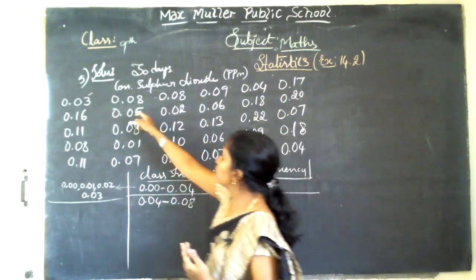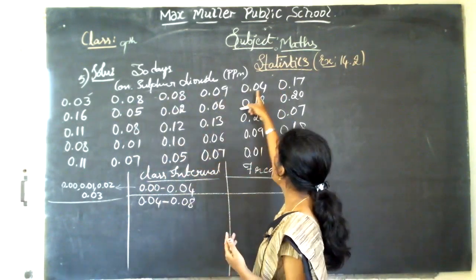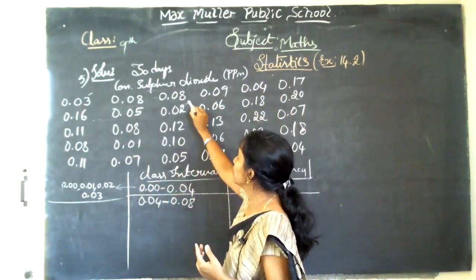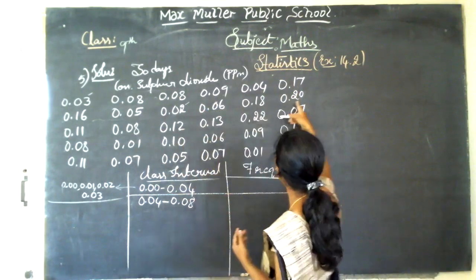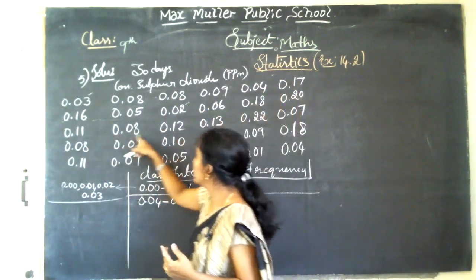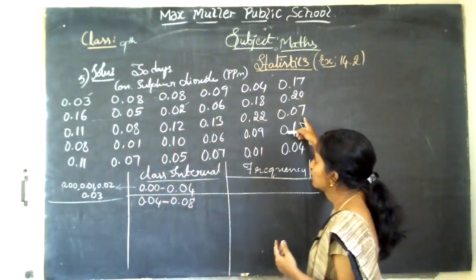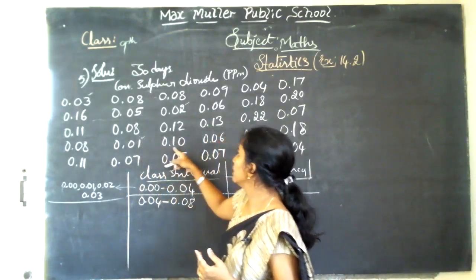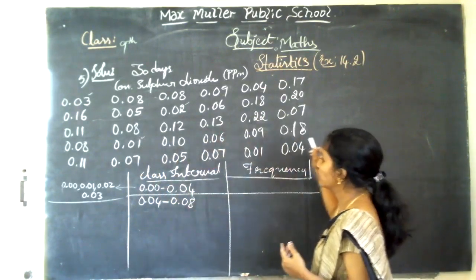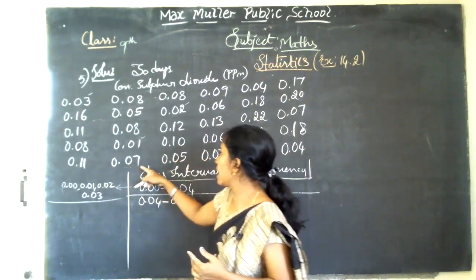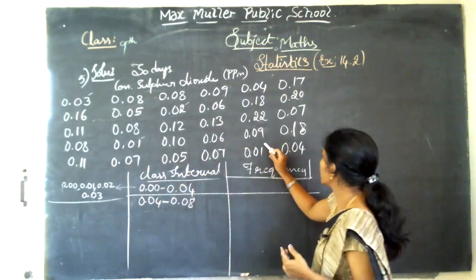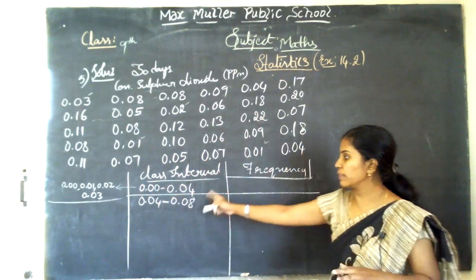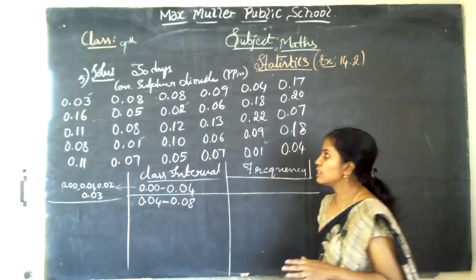So check for less than 4 in the first row, the second row, the third row, the fourth row, and the fifth row. Don't take equal to 4 also. As I told you, it will be included in the next row.